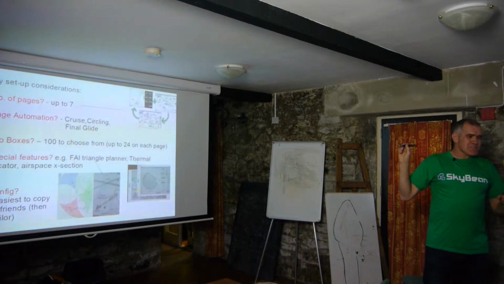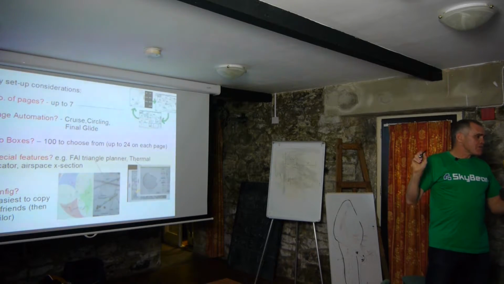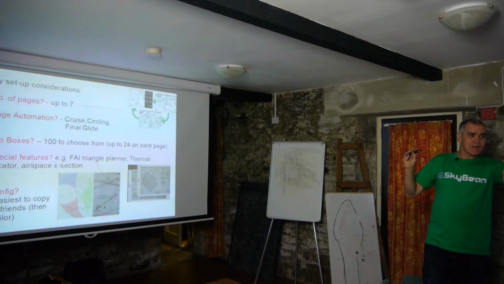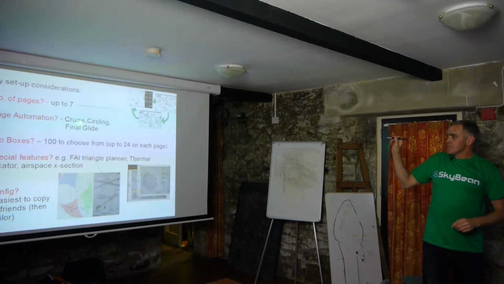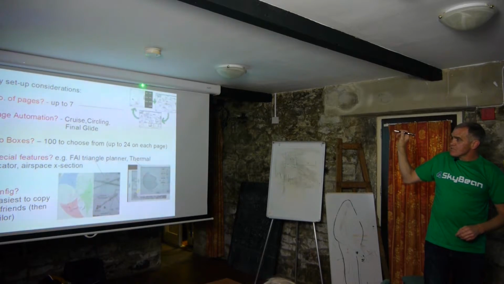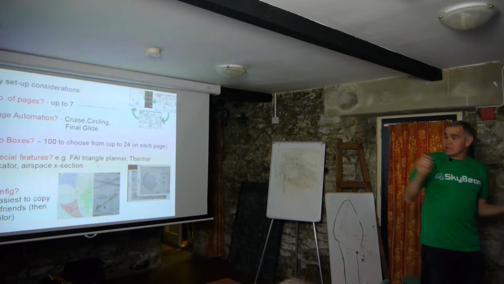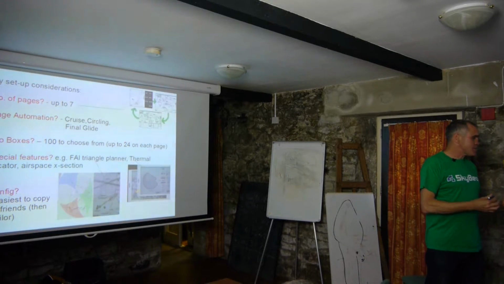Page automation. There's some horrible automation in there that's probably more relevant for glider pilots, where you actually want a different screen depending upon whether you're cruising, going in a straight line, whether you're circling, whether you're on a final glide going down to something on the ground. Basically what that means is you can have all your info boxes different for those 3 different modes. Now, I don't know about you, but I struggle remembering where everything is and quickly assimilating that information.